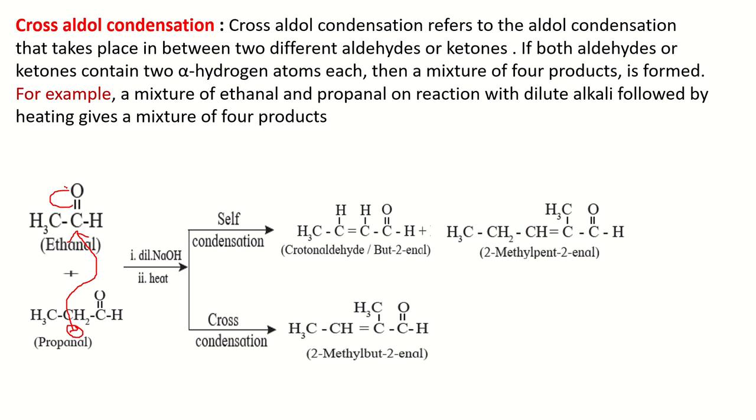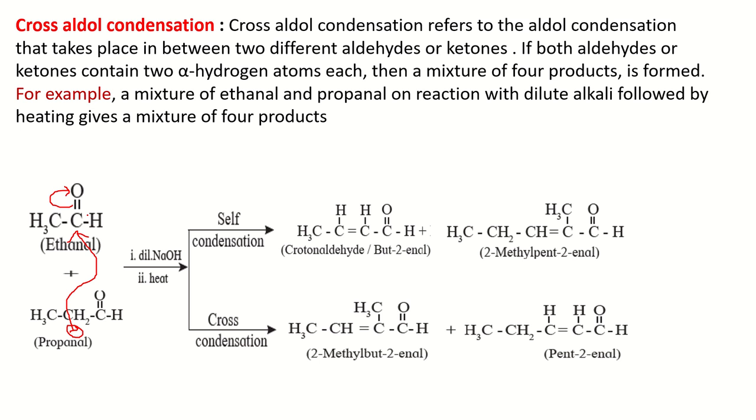The pi electrons shift toward the oxygen, which abstracts the hydrogen, and you get the beta hydroxy aldehyde product in the initial stage. After condensation you get the alpha beta unsaturated aldehyde product, that is pent-2-enal.